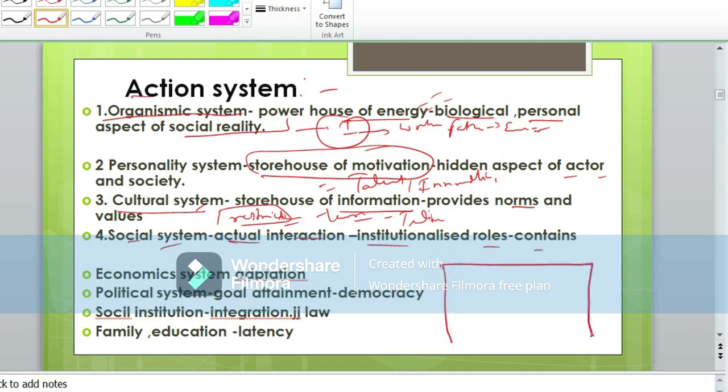Now the AGIL framework: adaptation, goal attainment, integration, and latency. So at adaptation, there is the organismic system, which provides the individual a social base to adapt.